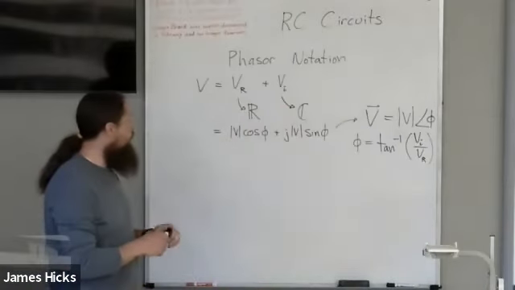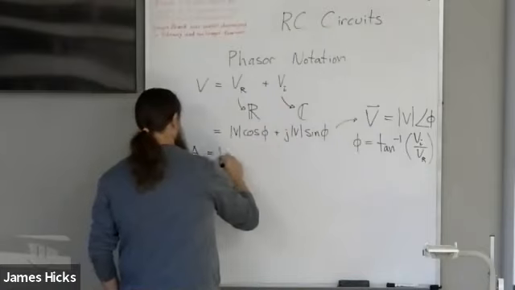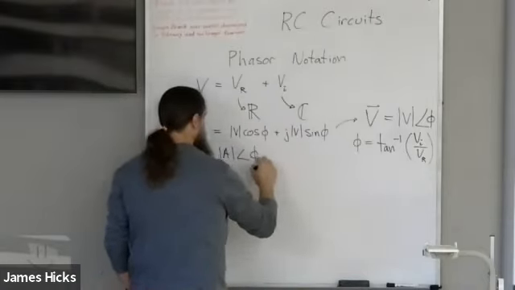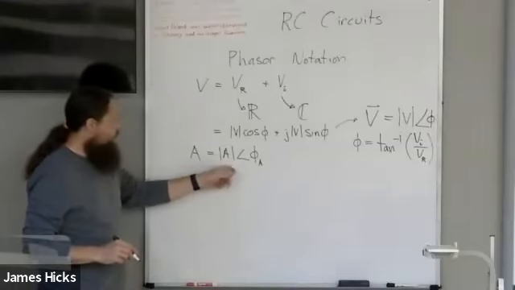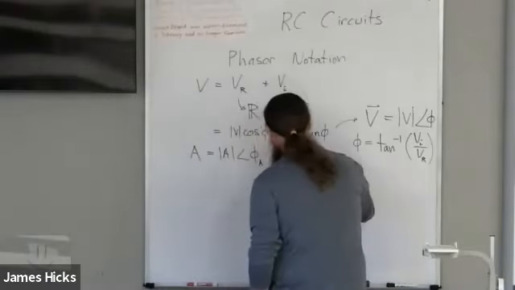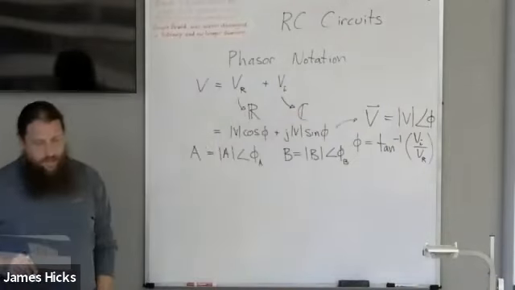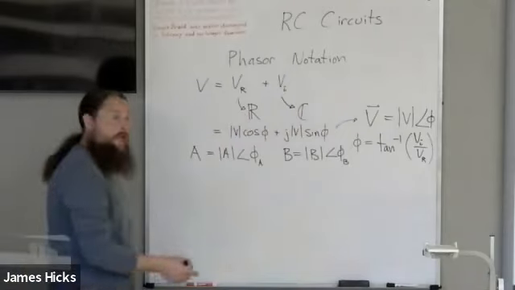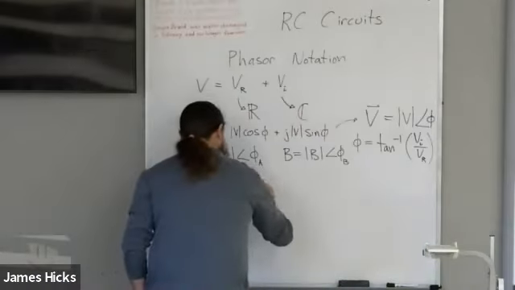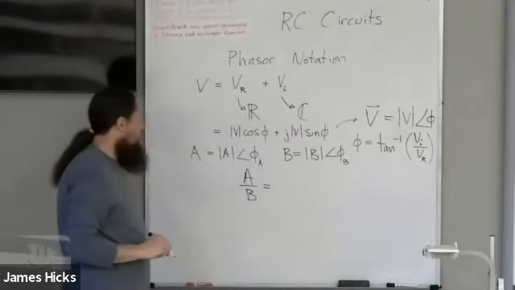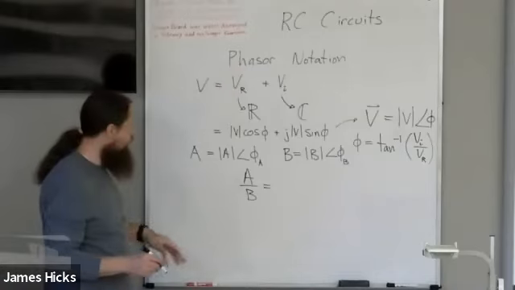The main reason that I want to do it this way is because, like I mentioned before, if I have two of these complex numbers, A that I write as its magnitude times phase angle, and the same thing for another quantity B, I want to start doing stuff like multiplying A and B together, or like what we'll do today, dividing A and B. Polar or phasor notation works really well for multiplication and division.